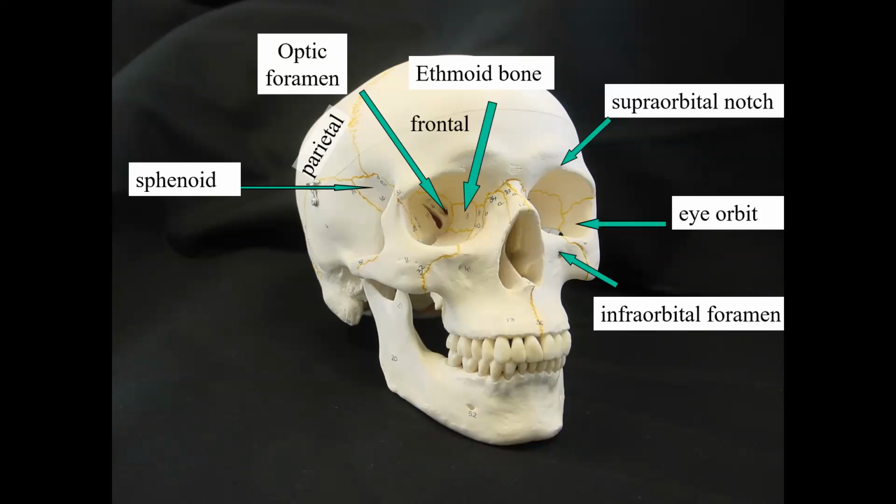It has two structures that look like wings, and the overall description of the sphenoid bone is shaped like a bat or a bat wing. Or even if you look at that part of it, it looks like the Batman symbol. So you'll see that when we get inside here. It extends all the way across internally.